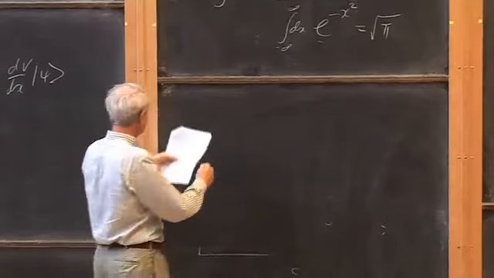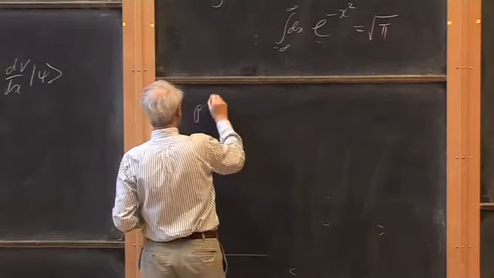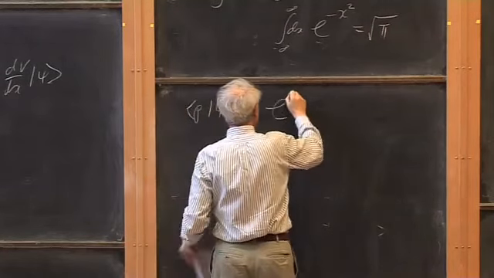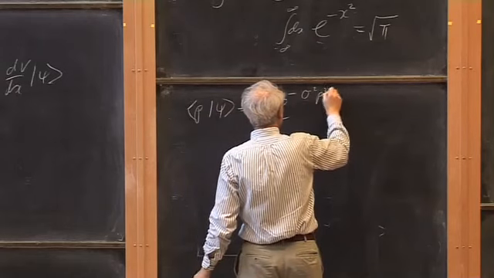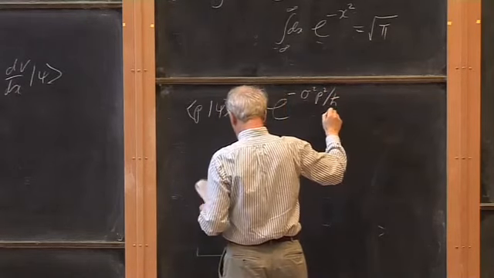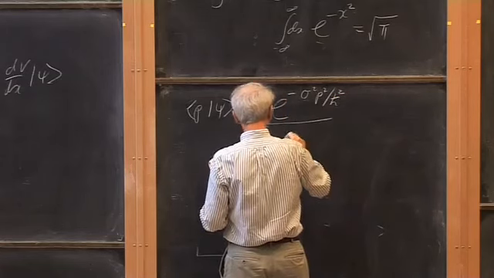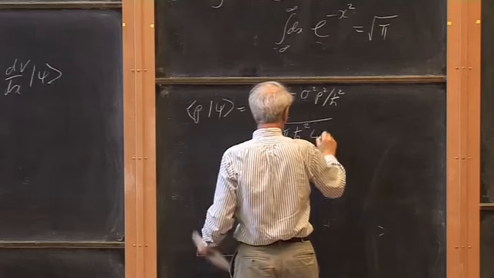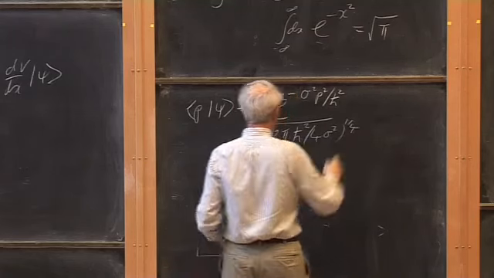So this turns out to be that p psi is equal to e to the minus sigma squared p squared over h bar squared, over, and there's a normalizing constant, which is 2 pi h bar squared over 4 sigma squared to the quarter power.